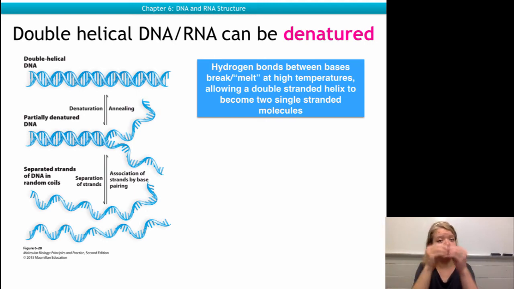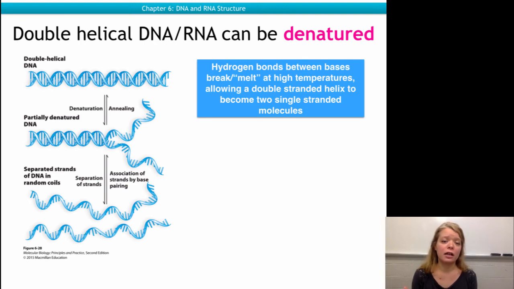Also, because the double helical structure of DNA or a double helical RNA is only held together by the hydrogen bonds of the base pairs, with no covalent attachments there, remember, the hydrogen bonds can be broken when the molecule of DNA or RNA is heated, which gives every molecule more energy, and entropy and heat will break apart the double helix.